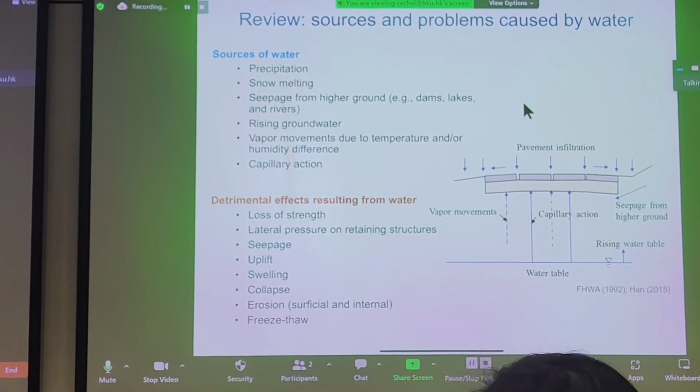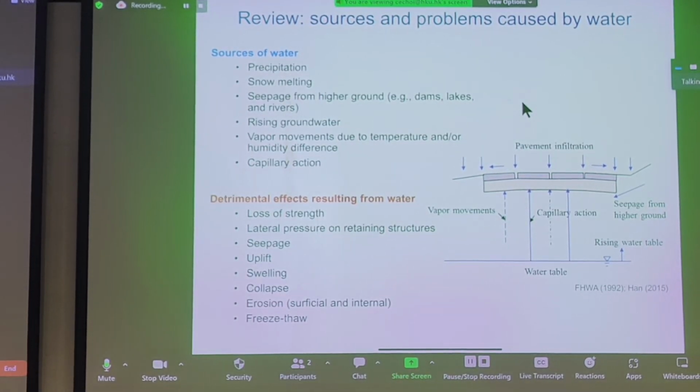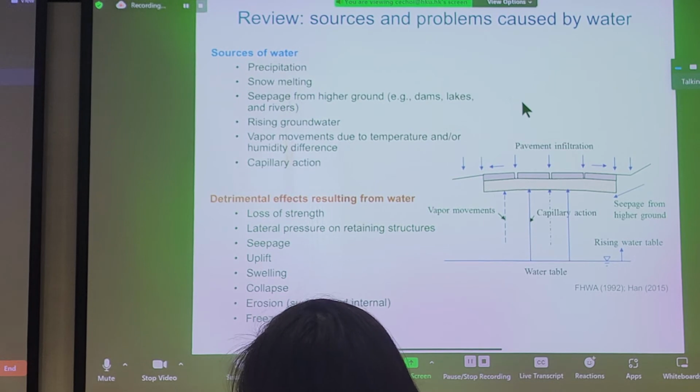For slopes, we're worried about infiltration from heavy rainfall. Other regions around the world, you can have melting of snow and ice. You can also have seepage from higher total head and lower total head. Another question during interviews is if they ask you what controls the seepage of water, make sure you say total head, right?